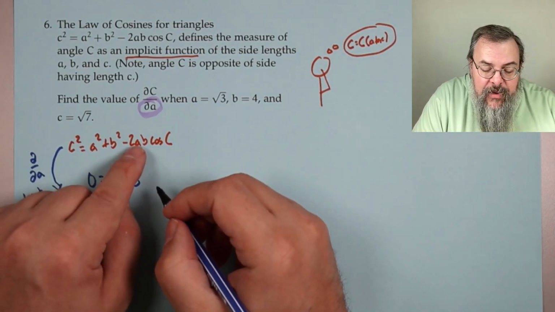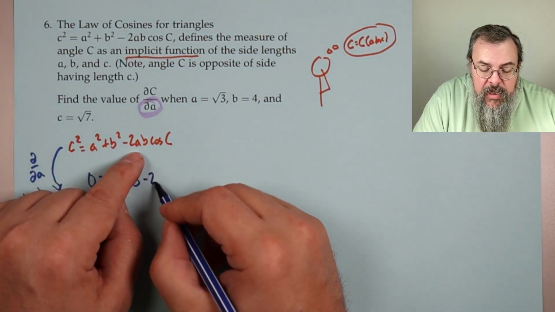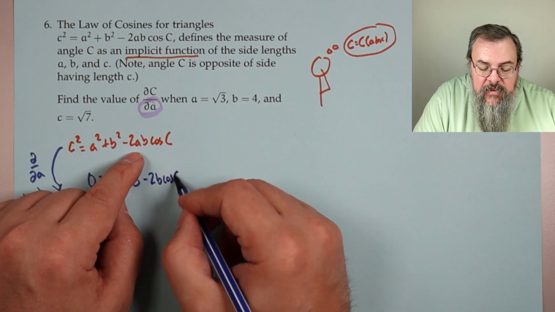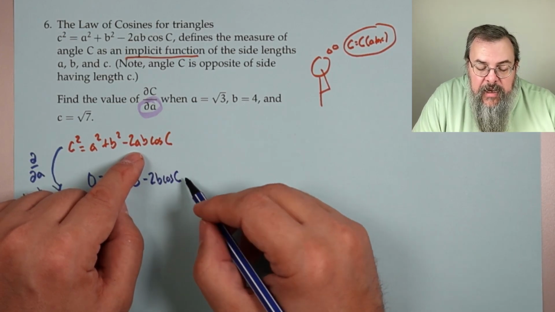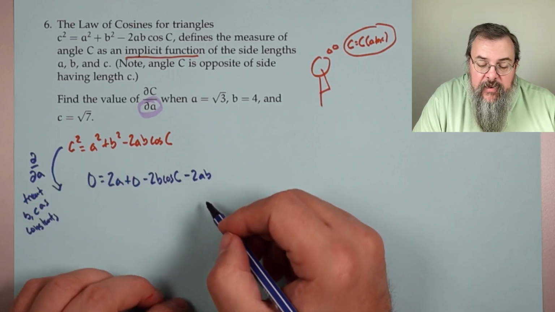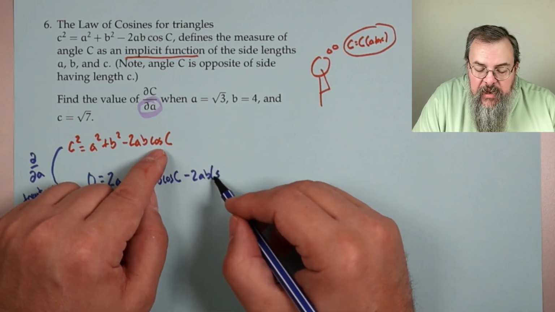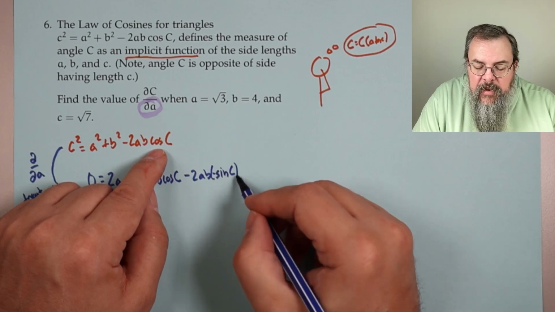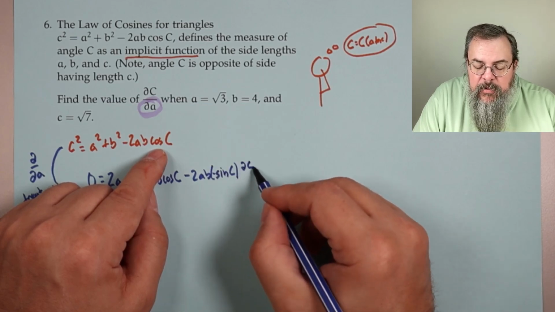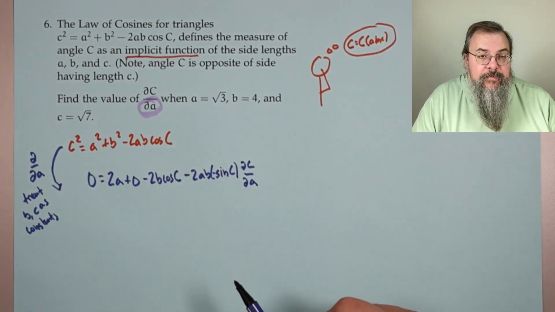So the derivative of the first part with respect to a is 2b cosine C, and then 2ab times the derivative of cosine C. The derivative of cosine is negative sine, and then by the chain rule, the derivative of C with respect to a, partial C, partial a, which is what we're after.